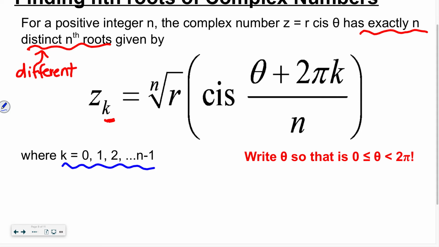So think about it. If I said a cube root, that would be n equals 3. If I start at k equals 0, then I'm doing k equals 0, k equals 1, k equals 2. And I don't need to do k equals 3. I'll have my 3 distinct roots. If I do k equals 3, it will turn out to be the same thing as k equals 0.